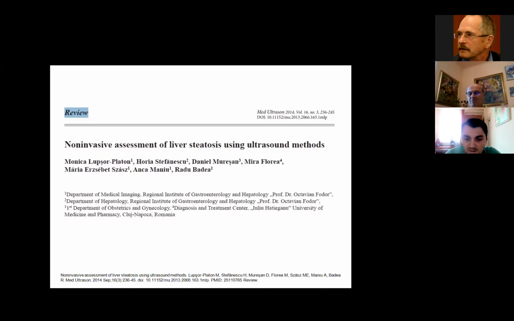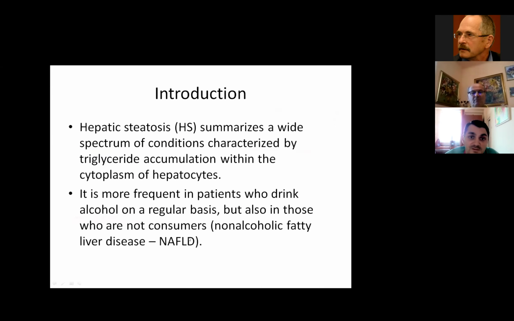Of course, there are a lot of new options and features now embedded into the new ultrasound machines, but the majority of physicians probably have a standard B-mode ultrasound, and it's important to know what performance they can obtain with this standard ultrasound device. So this is why I've chosen this paper.